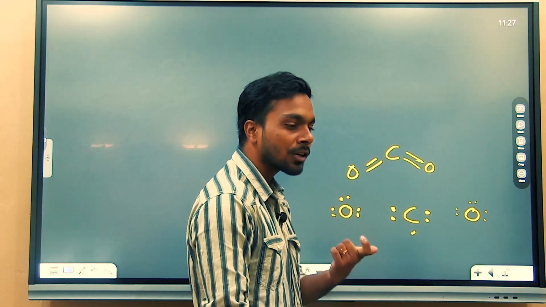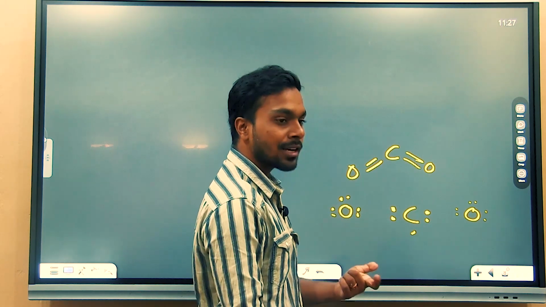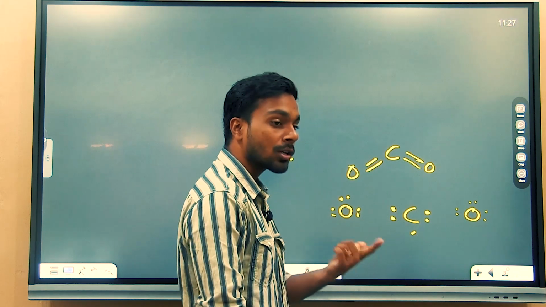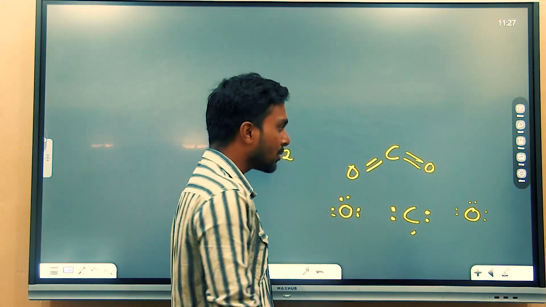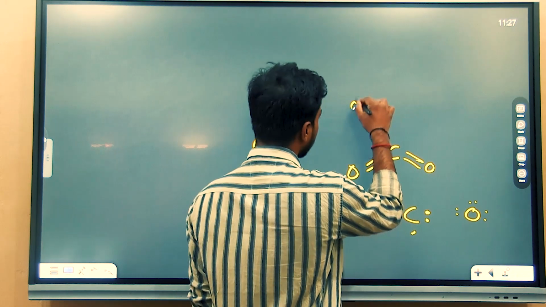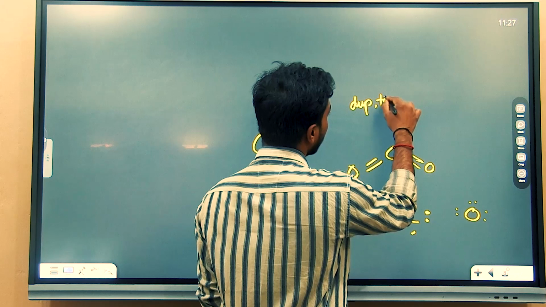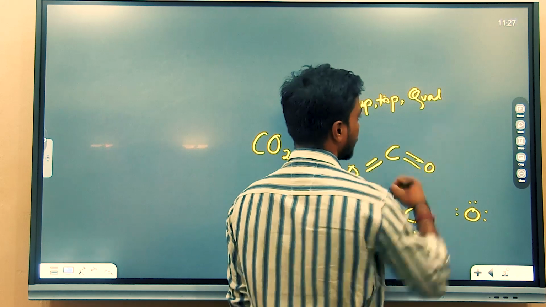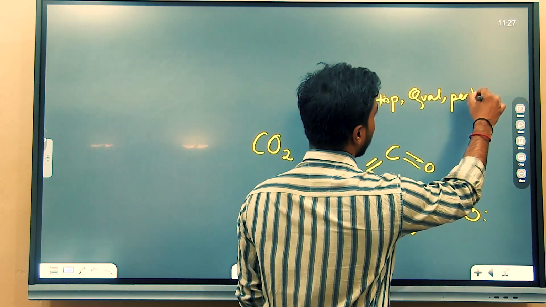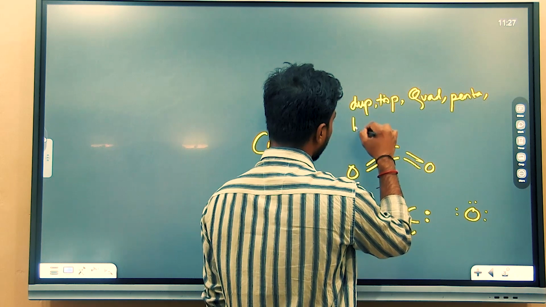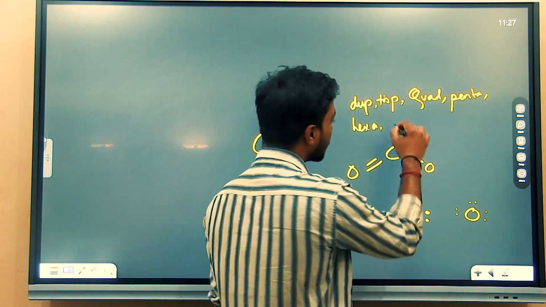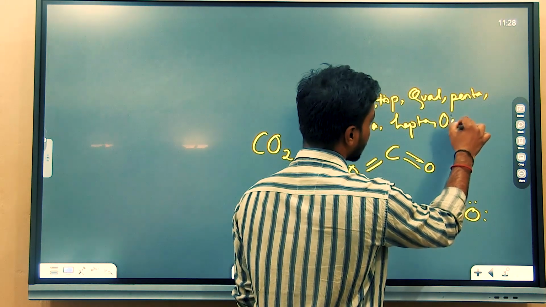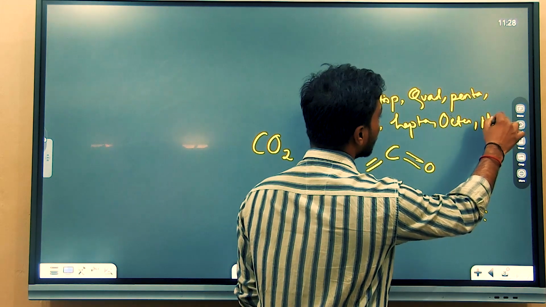How many electrons does an octet have? 8. Octa means 8. Do you know this? Duplet, triplet, quadruplet, penta, hexa, hepta, octa, nona.